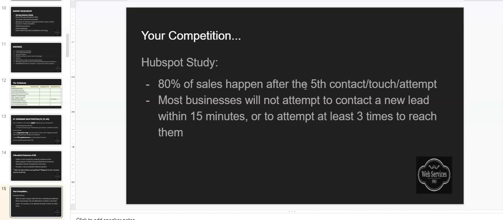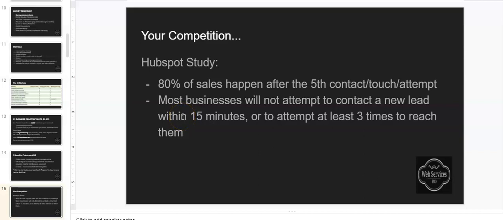As well, that does include obviously reaching out to them and contacting them. Most businesses, so let's say you get a new lead, you're probably up on your roof or in the middle of installing an HVAC system or in the middle of installing flooring. You're not going to really answer that new lead or respond to them within the required 15 minutes.